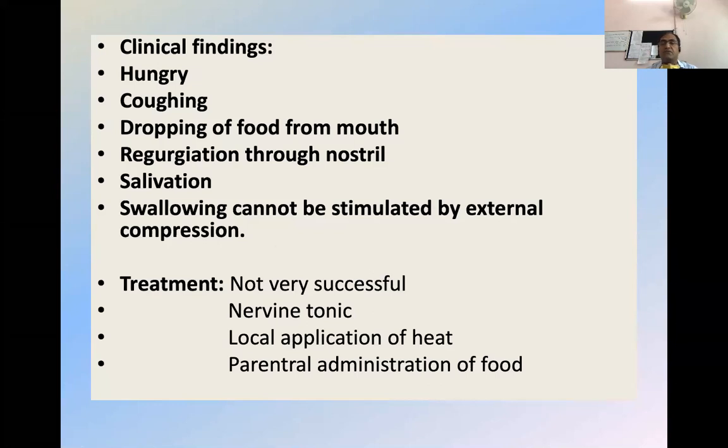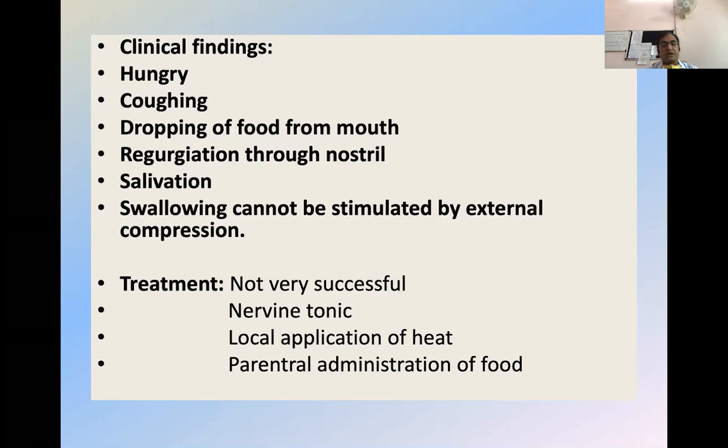So for treatment, although we try to treat the pharyngitis inflammatory condition, it is very difficult to examine a case of pharyngeal paralysis by any gadget like endoscopy or any other, because the nervous system is involved. In that condition, the treatment is not very successful. We have to depend only on the nervine tonic.